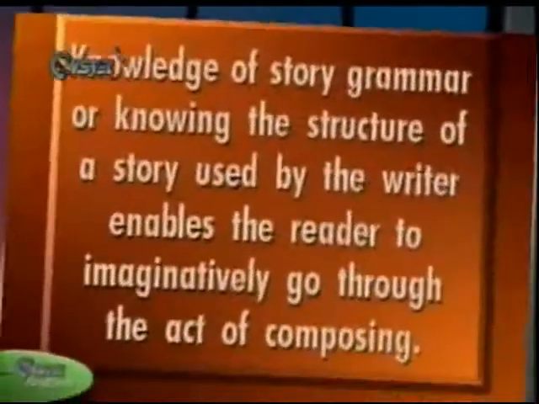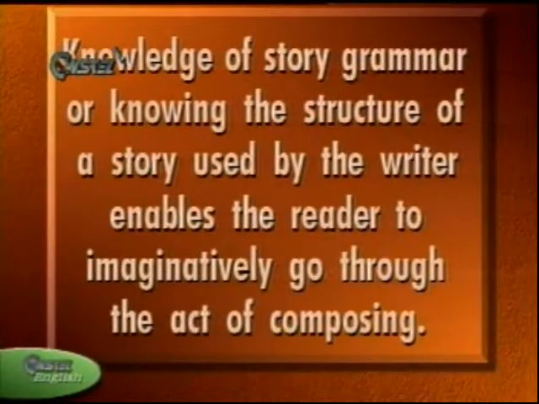He or she anticipates or predicts what is next in the story. We are all aware that predicting is an indication of an actively engaged proficient reader. Thus, knowledge of story grammar, or knowing the structure of a story used by the writer, enables the reader to imaginatively go through the act of composing.